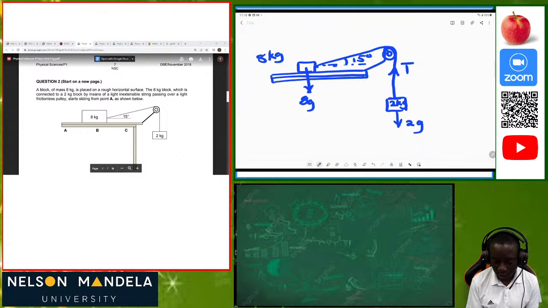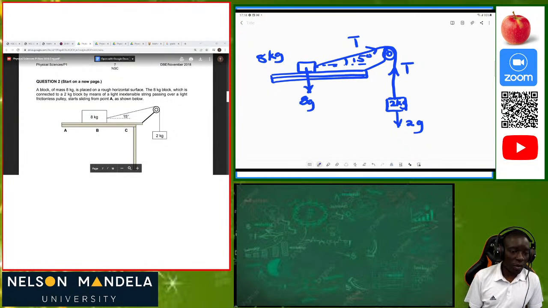But the tension on the left side of this setup is in that direction. The tension is what pulls the 8 kg block. So this tension is the same. It is the same tension because we are told the string is inextensible. The string is light and inextensible.